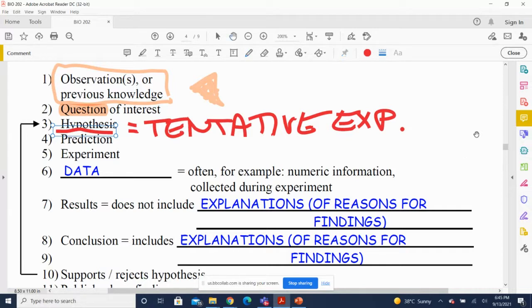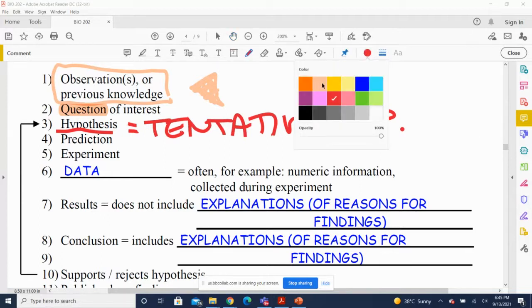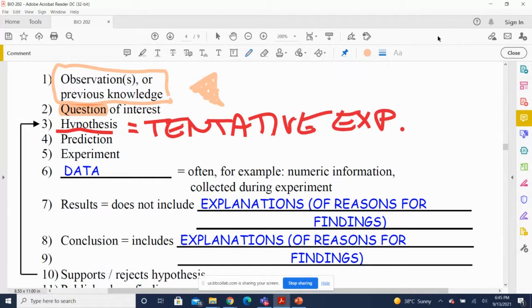So if you want to put it another way, you can consider it as an educated guess. It's what we're expecting to see. And you remember from our lab that I told you that a good hypothesis tends to follow the format of: if something takes place, then something happens. So we're really trying to be very specific.